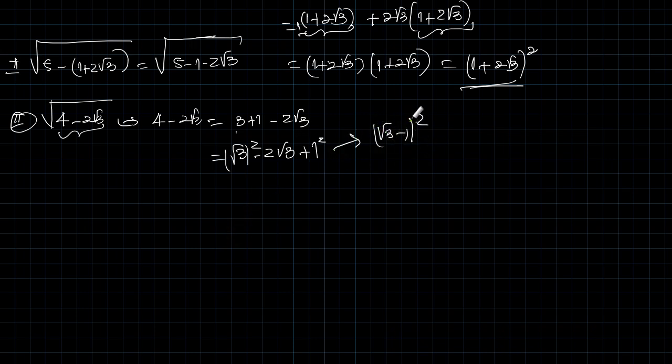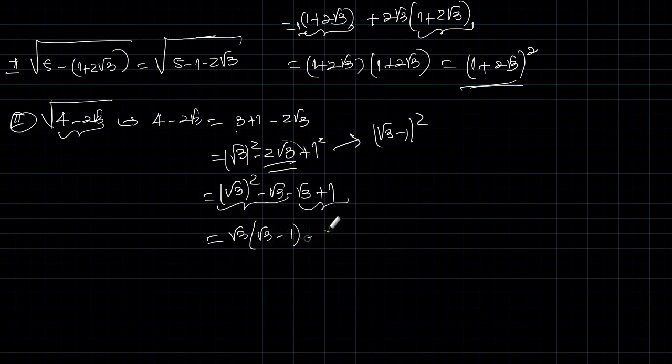But how do we get to this? Well, simple. We get square root of 3 squared minus 2 square root of 3 plus 1. I'm going to factor this 2 and this 2. So I'm going to have here square root of 3, and I'm left with square root of 3 minus 1, minus, I'm going to factor the sign, it means that we'll have 1 here that we don't write.